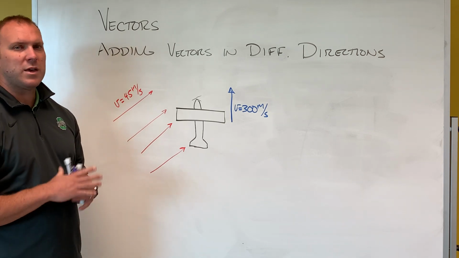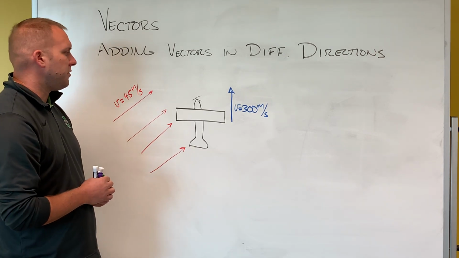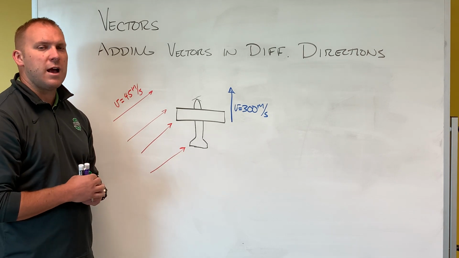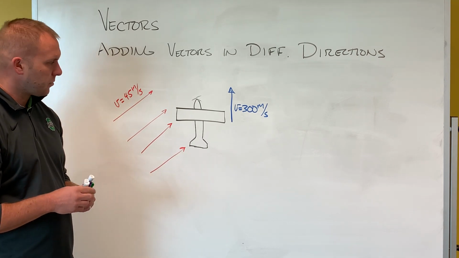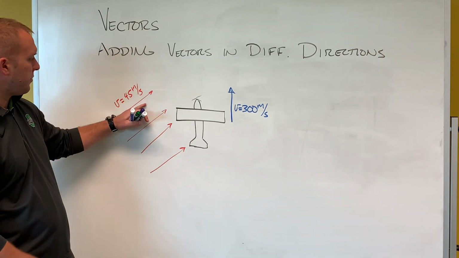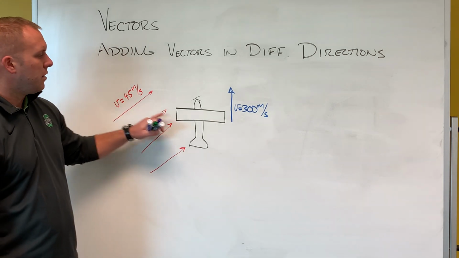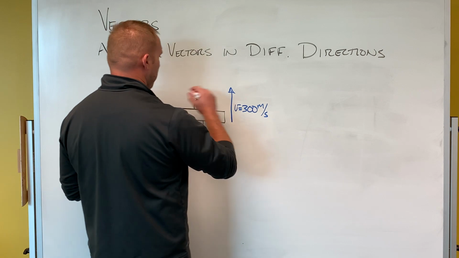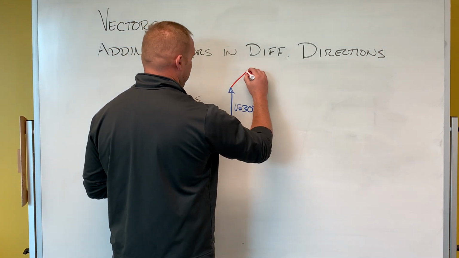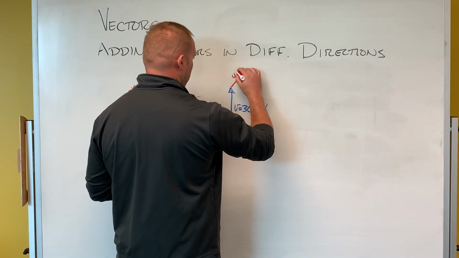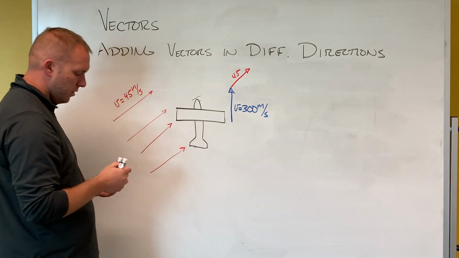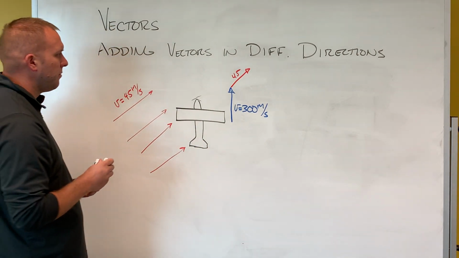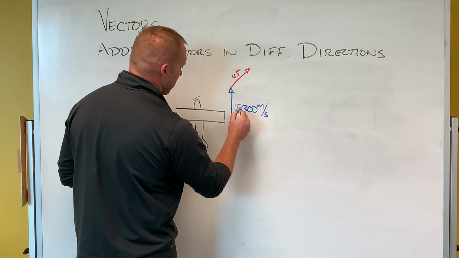So what we can do is add the vectors of these velocities and look at what's the actual net velocity of the plane. To do that, I'm going to take my vector of my air and add it to the vector of my airplane. So 300 plus 45. Now, our net velocity would look like this.